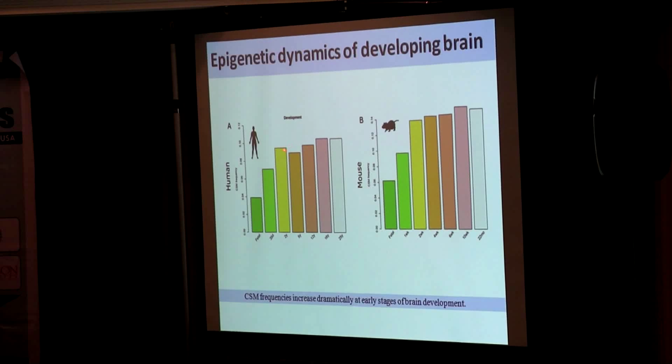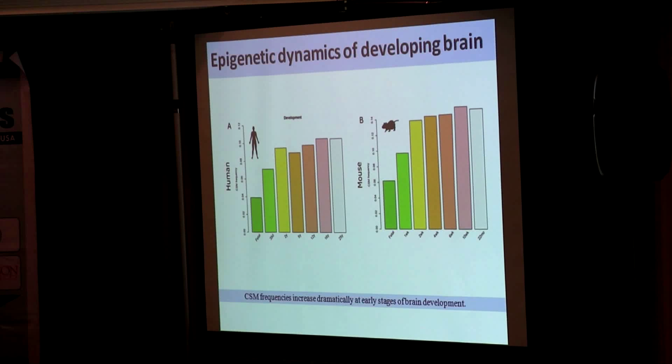By 2 years old, kids' brains are already quite complicated, and then it stays at a plateau. This is what the epigenome tells us about brain complexity. We observe a similar thing in the mouse.